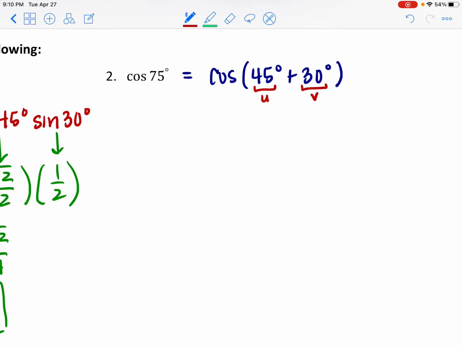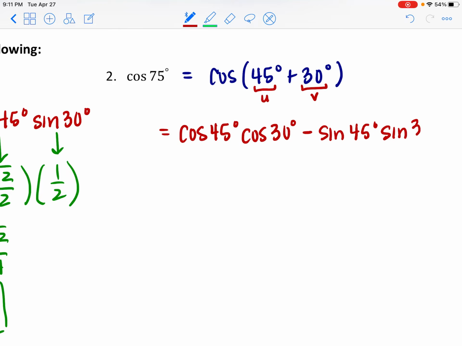So this one says our cosine of a sum says we're going to take the cosine of u, so cosine of 45, multiply it by the cosine of v, so the cosine of 30, and then we're going to subtract the sine of u multiplied by the sine of v.